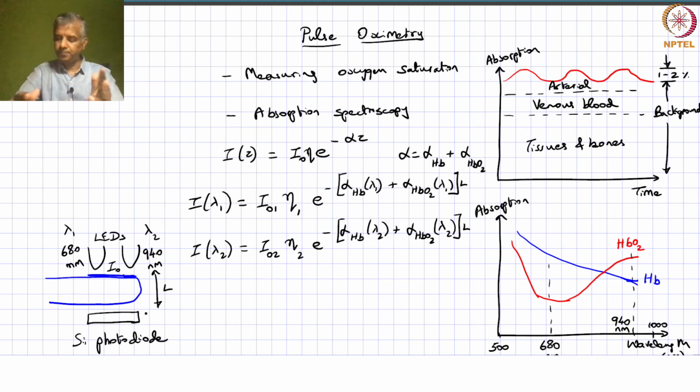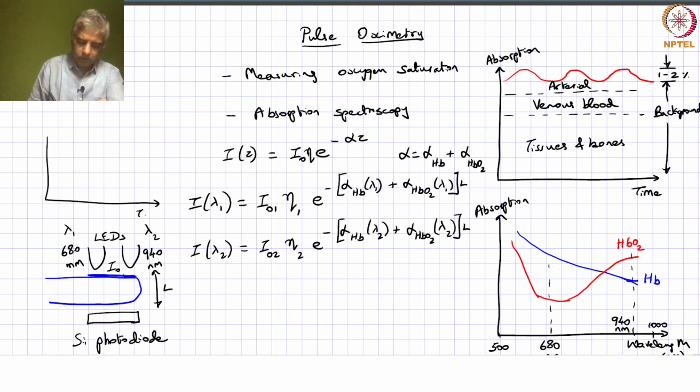Okay. So, one way of removing this crosstalk issue is to turn on only one LED at a time. You drive it such that for a certain time one LED is on, for a certain other time another LED is on, and then you repeat it.